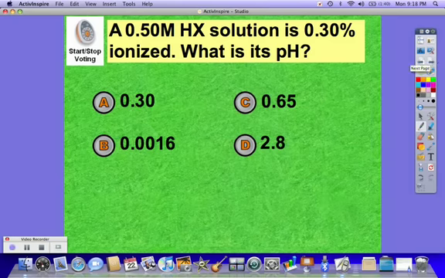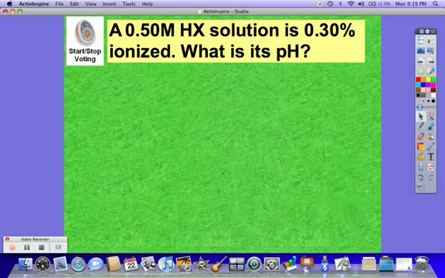Okay, going to try this problem on your own. When it says 0.3% ionized, that's the same as 0.3% dissociated. Alright, so again, I do not know what acid this is, so HX goes to H ion plus X ion.